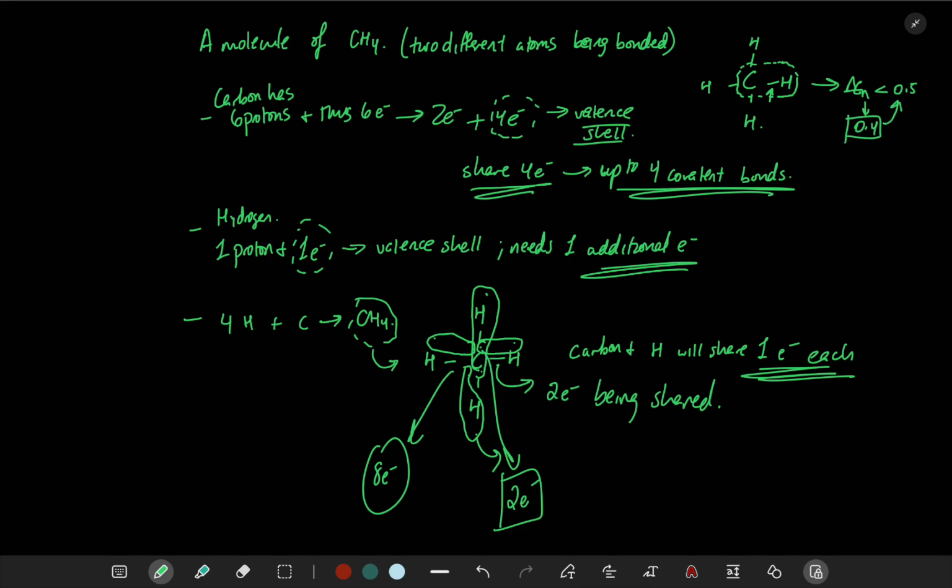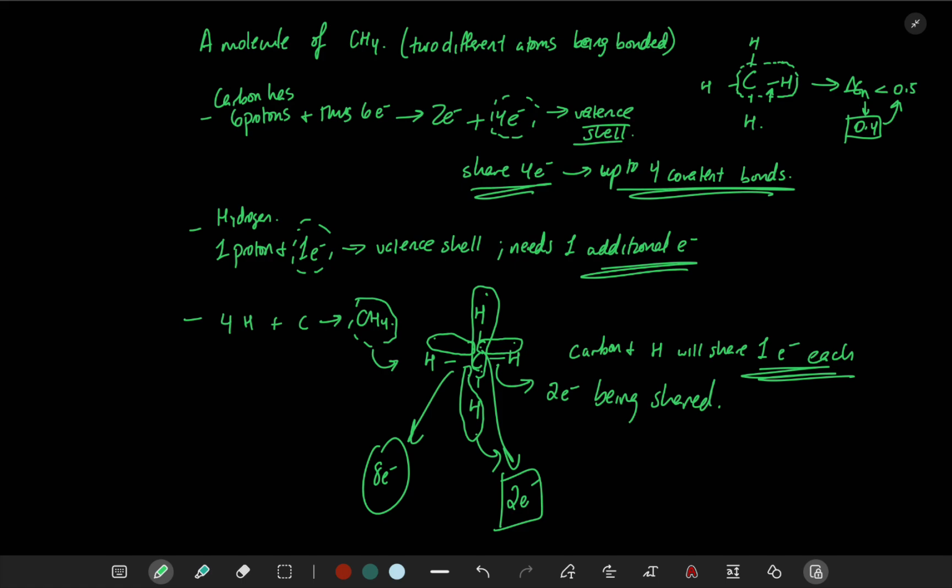And because it's less than 0.5, both nuclei will exert similar levels of attractive force on the bonding electron pair, right? Like we said, carbon and hydrogen are not identical atoms, but they're fairly close in their electronegativities. And because the electronegativity difference is 0.4, less than 0.5, which is the rule we said, right? If the electronegativity difference is less than 0.5, you'll have equal sharing.